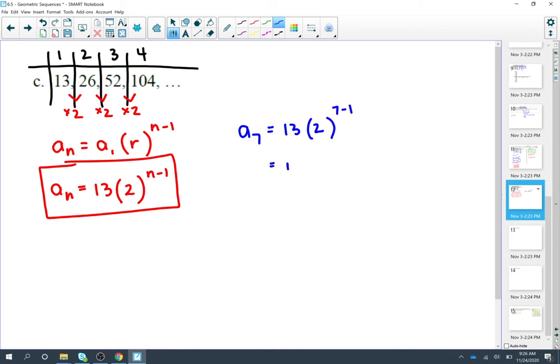That's going to be 13 times 2 to the 6th. Grab your calculator. 13 times 2 to the 6th is 832. So that tells me if you were to extend this 1, 2, 3, 4, 5, 6, 7, the 7th number would be 832.